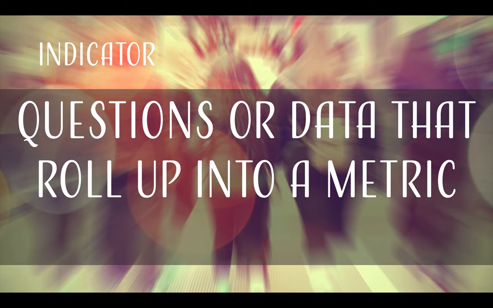So let me step back for one more second and say, okay, so we've said that our metric is that 80% of people are more confident now that they've taken our class. Confident means that they've answered 4 or 5 or high or very high on our confidence scale. And then the confidence scale is what is then described further in the indicator. So a question like, I feel like I can talk to anybody in the room when I walk into the room.